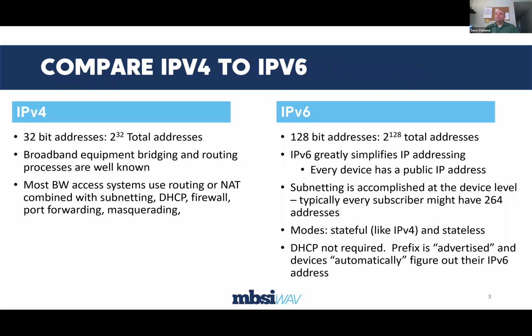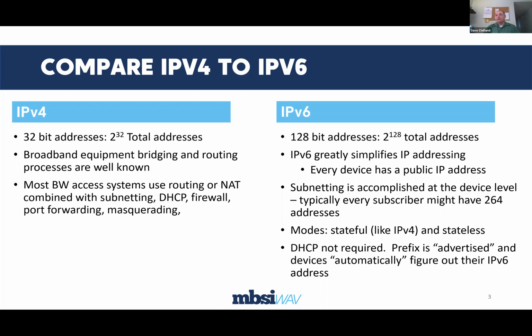All right, so let's compare IPv4 to IPv6. IPv4 is a 32-bit address. The broadband equipment bridging and routing process is very well known. IP version 4 has been around for a very long time, proposed in the 80s and adopted in the 90s, and so most broadband wireless access systems use routing or NAT combined with subnetting.